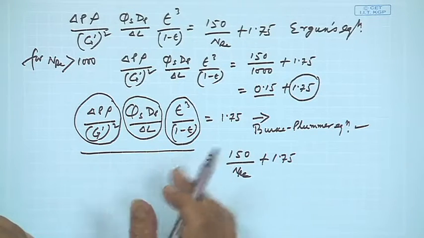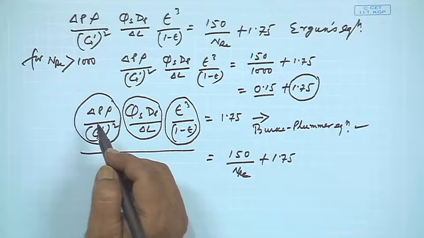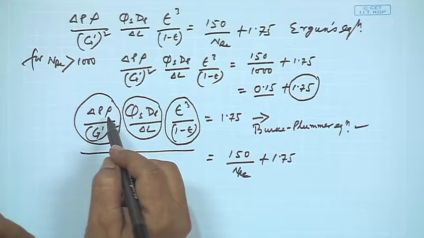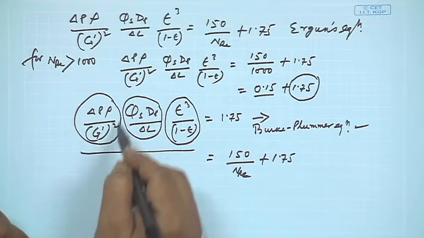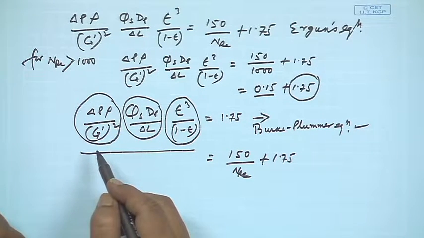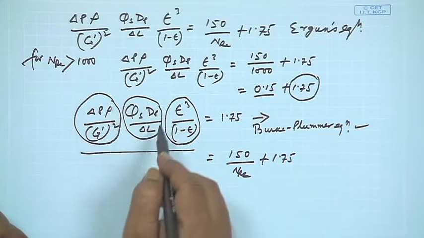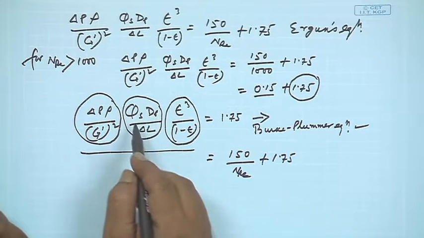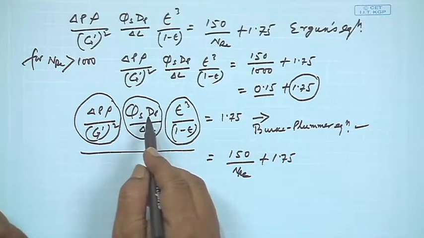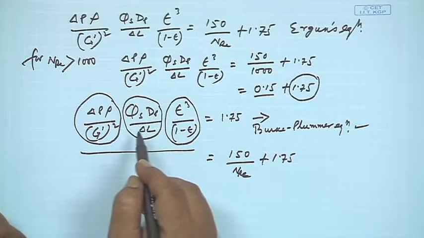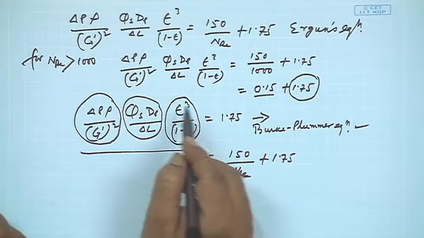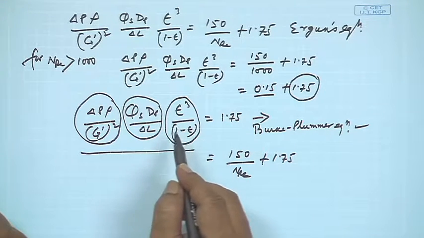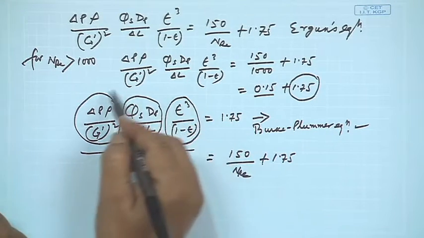We have to keep in mind that one is pressure drop, density and mass velocity, these three factors in one; then the sphericity, particle size and the length of the bed; and the third one is the void fraction.